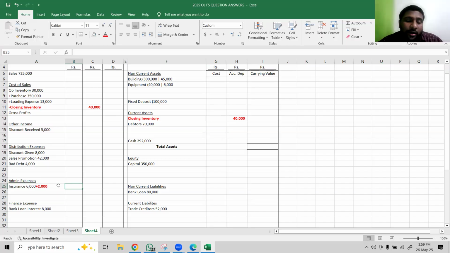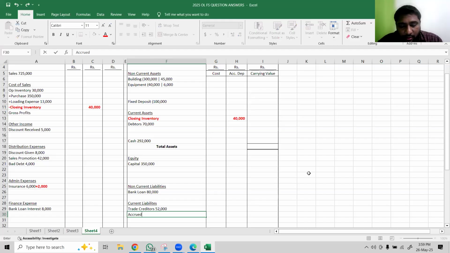To pay, we have another 2,000. Current liability: insurance payable or accrued insurance, anything is fine. Accrued insurance 2,000. Two places.